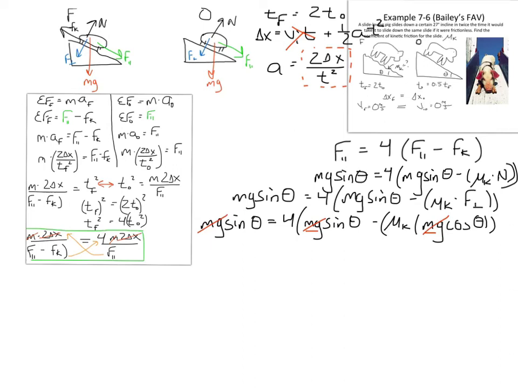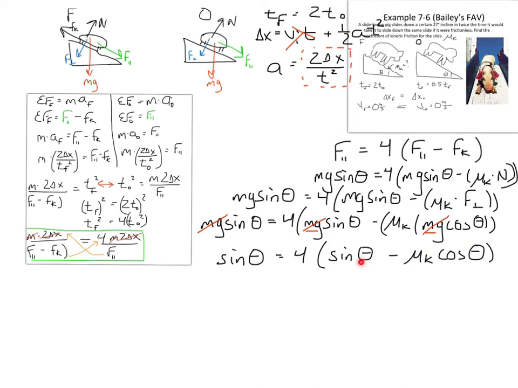So it boils down to sine theta equals 4 times the sine theta minus mu k cosine theta. Wow, it became a lot easier. All right. Remember, we're solving for this mu k right here. So what would we do to get this out of this bracket right here? Well, let's distribute that 4.